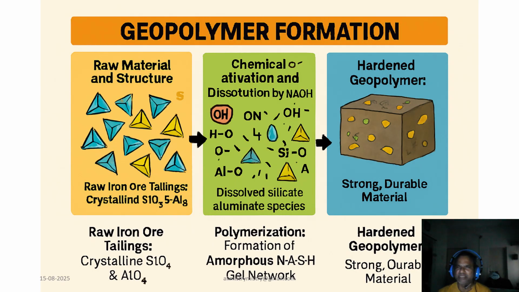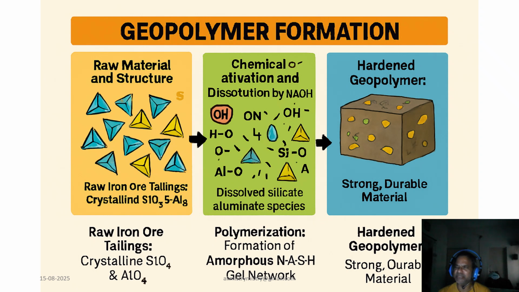Now coming to the geopolymer formation process. Geopolymer formation begins with the iron ore tailing containing crystalline SiO4 and AlO4 structures. These raw materials are chemically activated using sodium hydroxide, NaOH. The alkaline solution breaks down the crystalline bonds, releasing silicate and aluminate species.